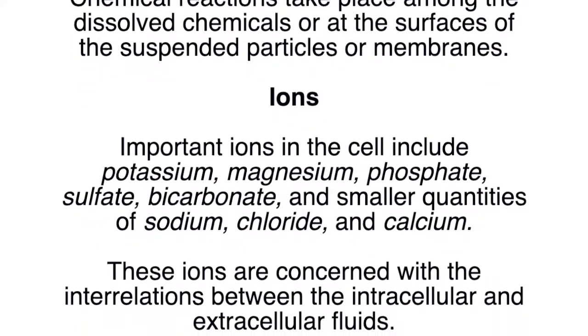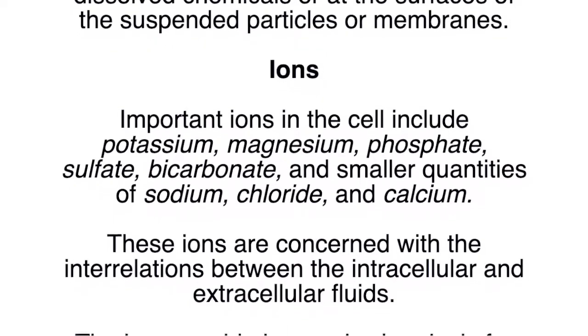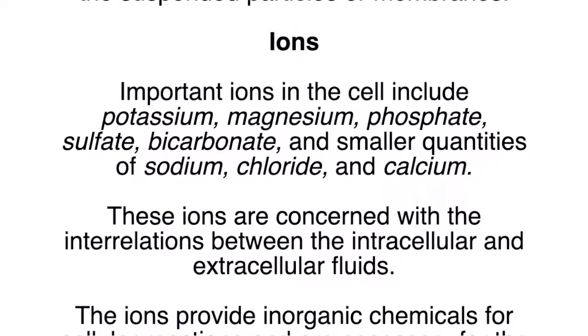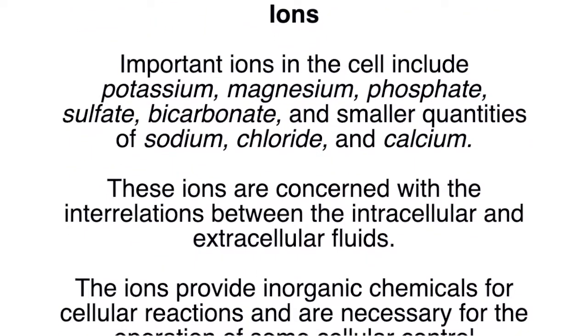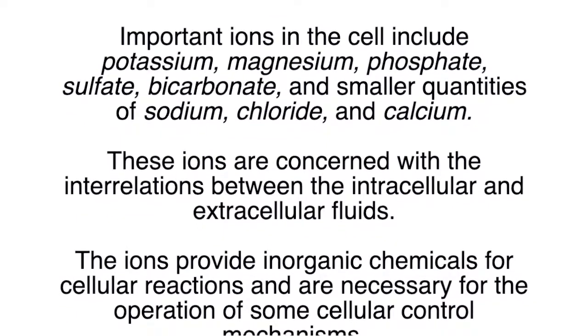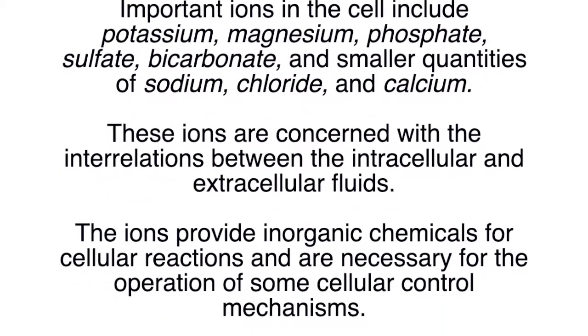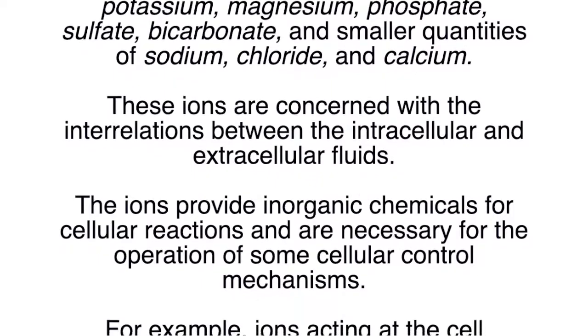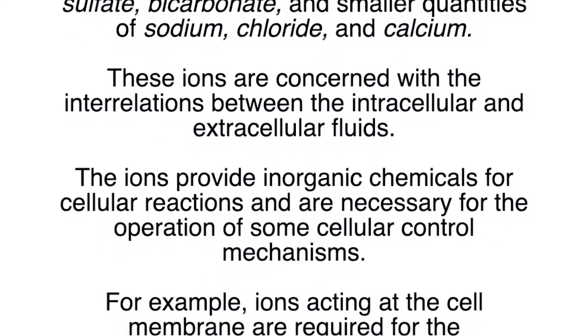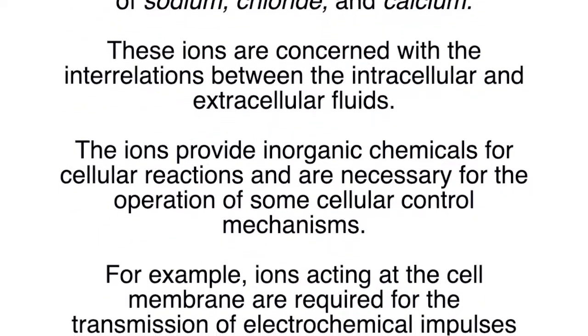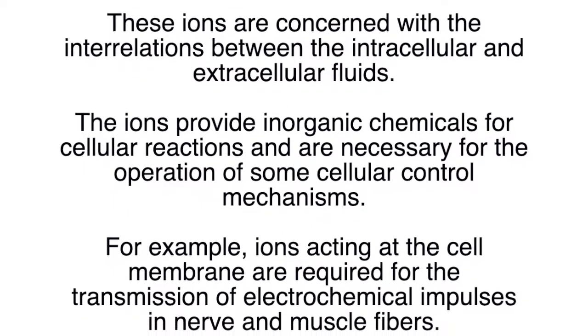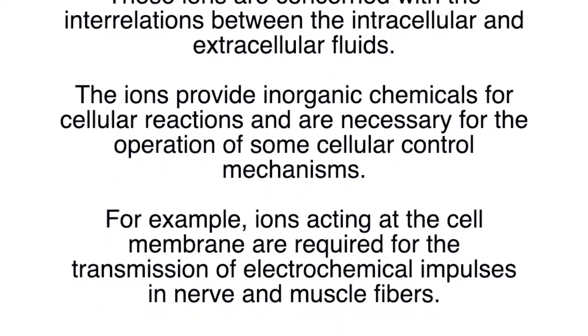Ions. Important ions in the cell include potassium, magnesium, phosphate, sulfate, bicarbonate, and smaller quantities of sodium, chloride, and calcium. These ions are concerned with the interrelationships between the intracellular and extracellular fluids.